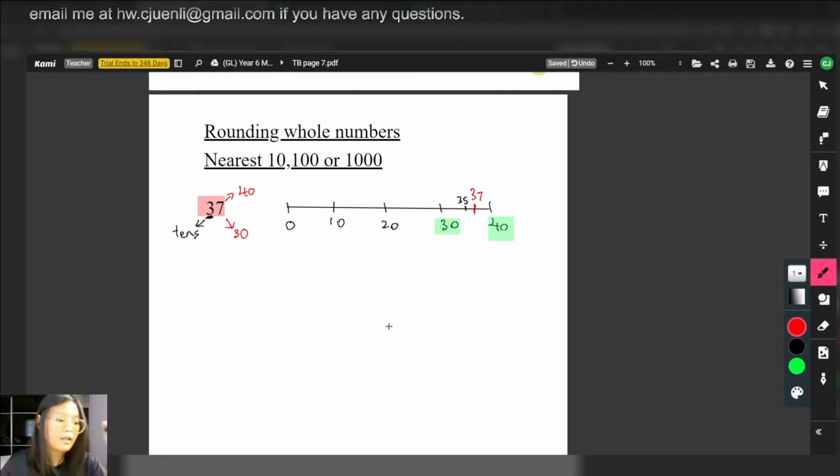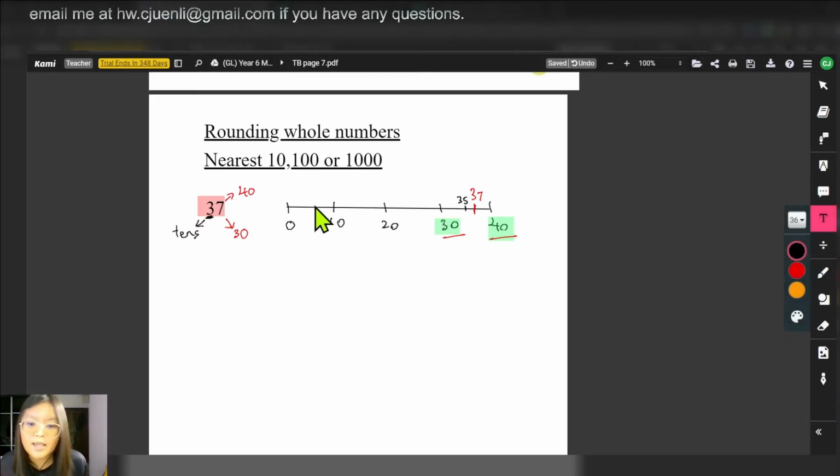Now, let us look at 37 now. Which ten is it closer to? Is it 30 or is it 40? Now, it's already past 35, so it's actually closer to 40.